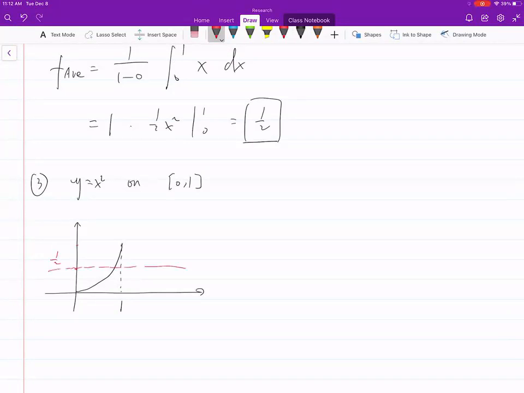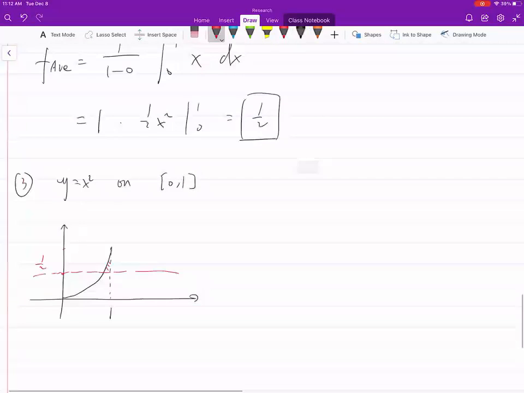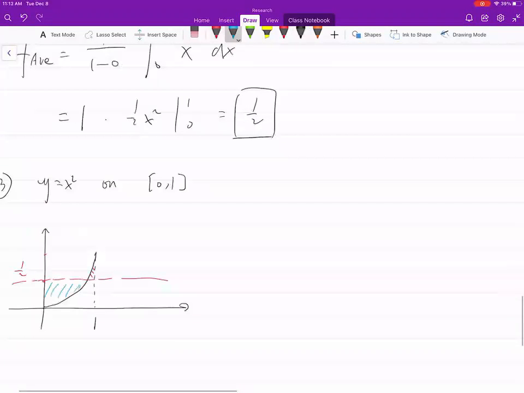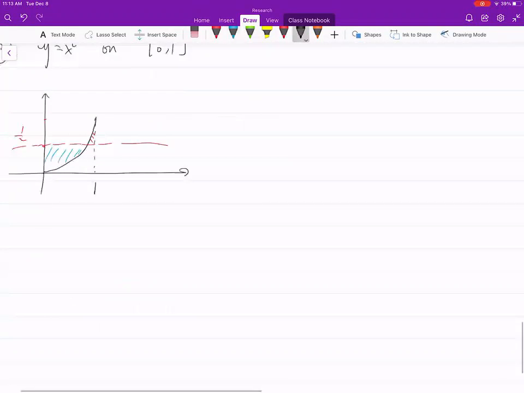Can you see why? The one above, the one below. Can you see this one's too much? So in order to balance both areas, what should you do? You should move it down a little bit, to make sure the blue area equals the red area. So either way, the answer is going to be less than 1/2. I don't know what it is, but it's going to be less than 1/2.